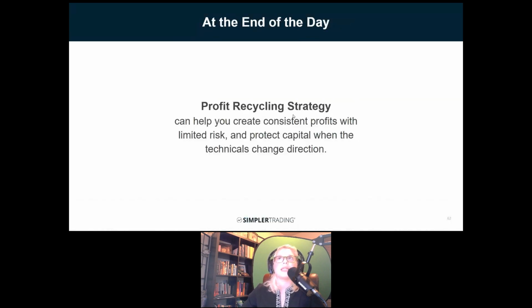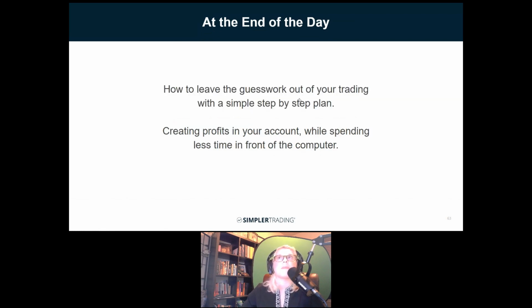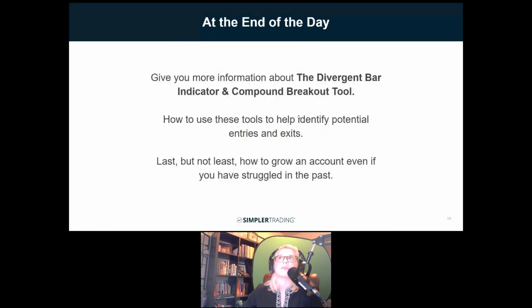And certainly at the end of the day, profit recycling can help create consistent profits with limited risk and protect capital when the technicals change directions. And of course, it can help leave the guesswork out of your trading with a simple step-by-step plan and creating profits in your account while spending less time in front of your computer.